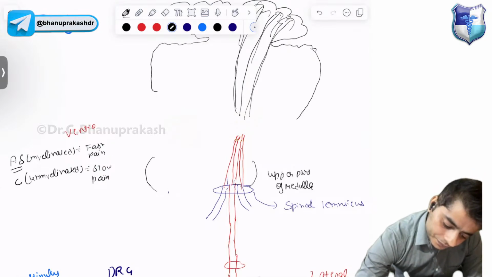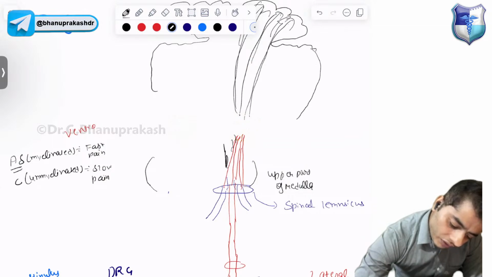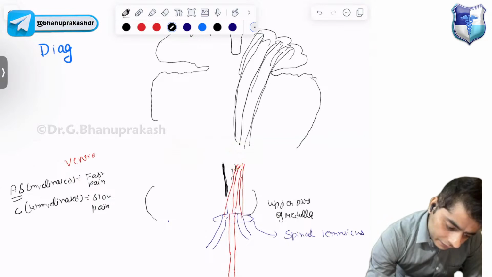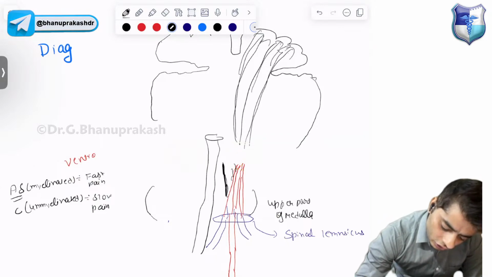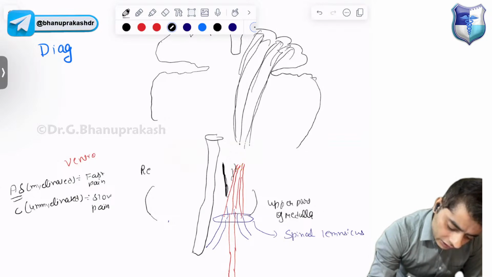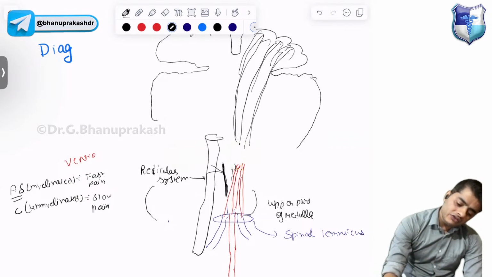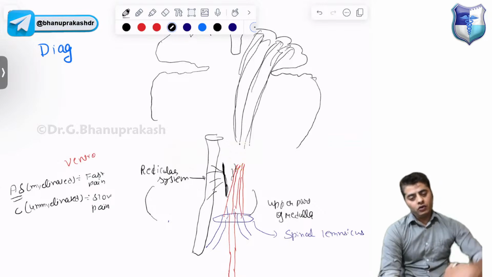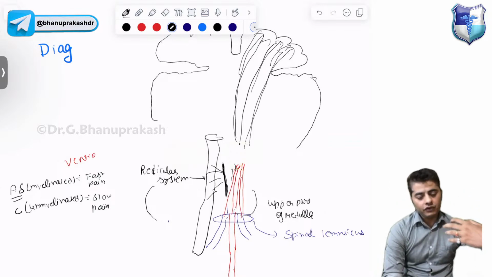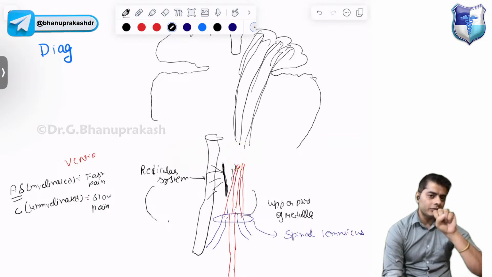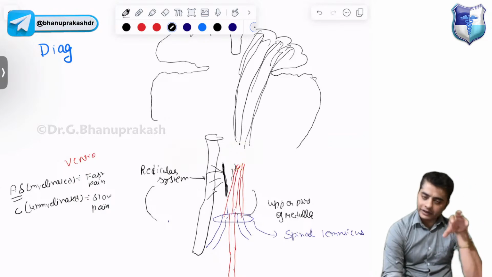Now, suppose there is this slow fiber. There is a reticular system. This slow fiber will give its information to this reticular system also. We all know the reticular system is a center for awakening us. So, while going upward, this slow fiber gave some collateral to the reticular system.